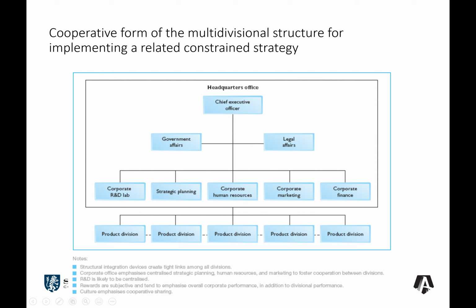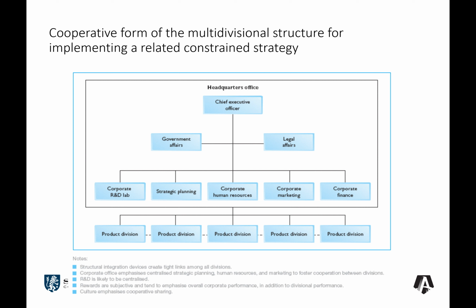So, structural integration between the different levels of the different divisions improves their performance. Corporate office emphasises centralised planning, centralised human resources, centralised marketing, and fosters cooperation between the divisions. Research and development is often centralised, though sometimes it can be decentralised to a particular product division or divisions, as long as that R&D and the knowledge gained from it is shared across the organisation.